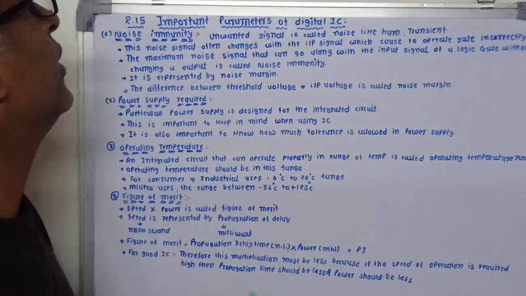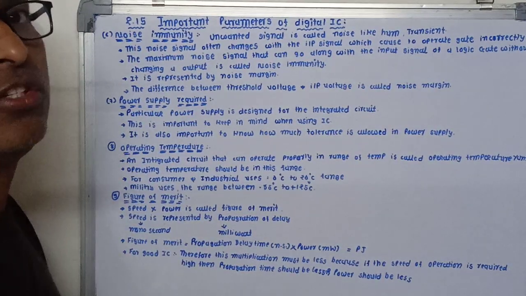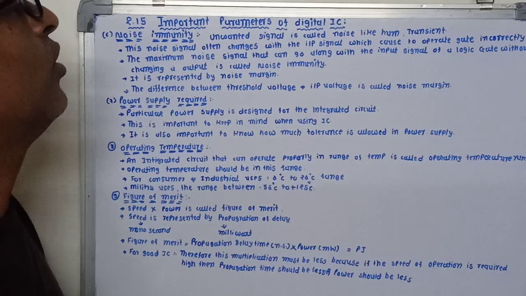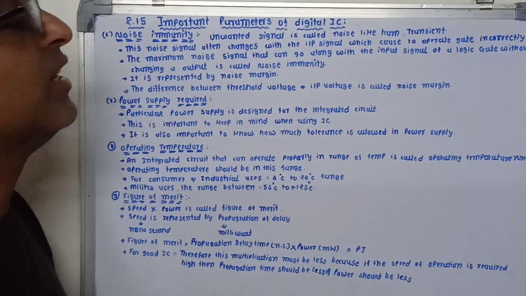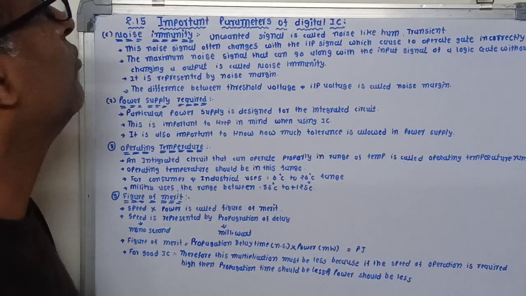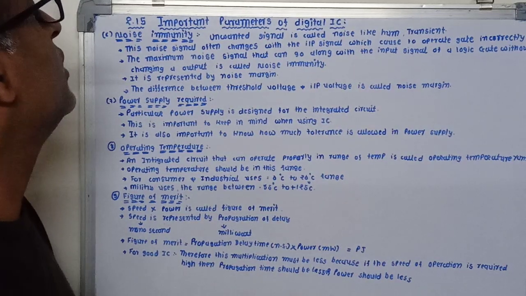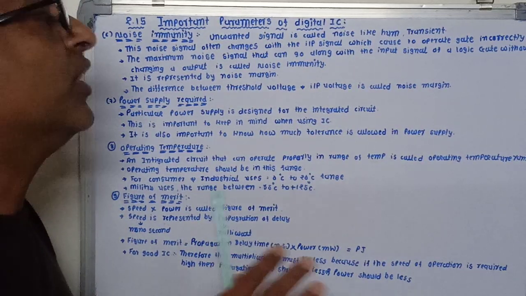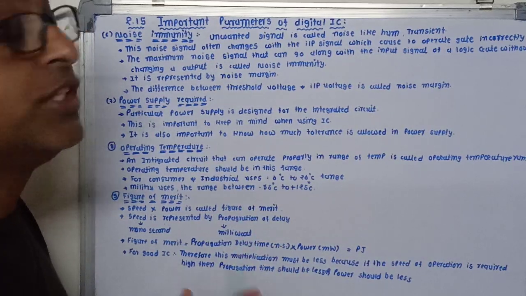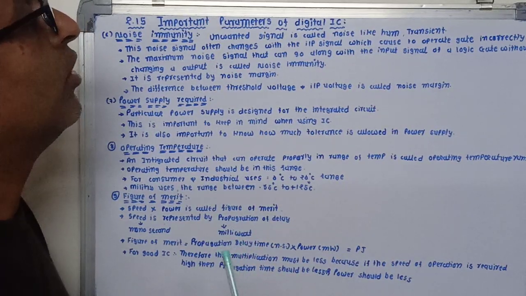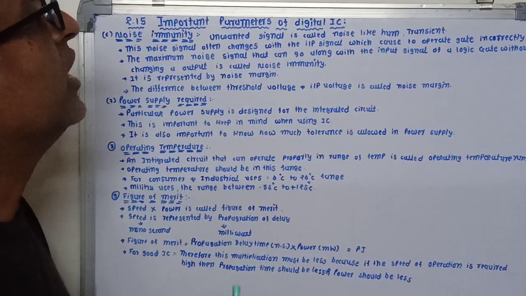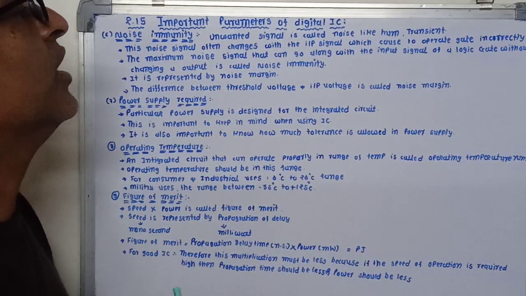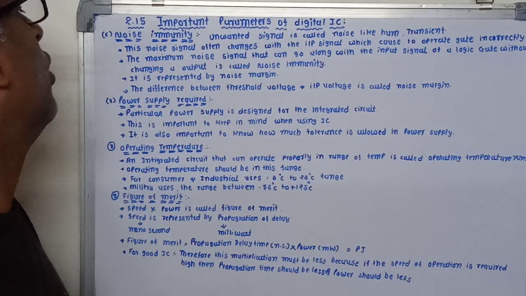Six, noise immunity. Unwanted signal which is not useful is called noise, like hum and transients; these are different types of unwanted signal. This noise signal often changes with the input signal, which causes the gate to operate incorrectly. That means we don't require the gate to operate, but due to this noise it will operate.